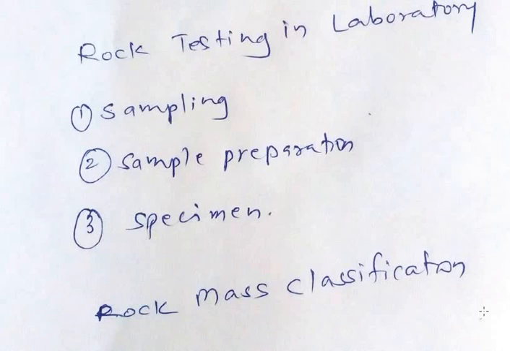Some basic information should be available invariably. So very important information is about geology, that is the lithological composition, tectonics, weathering, and decay. Second, discontinuities, that is joints, number of joints, joint set, fissures, fractures, etc. Physical and mechanical properties are also important.